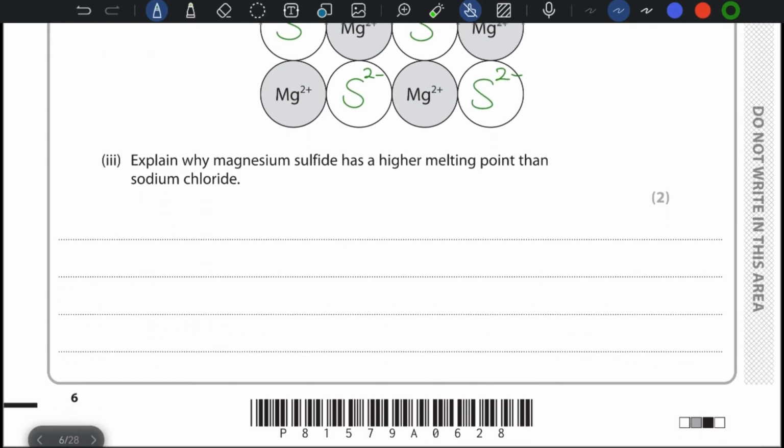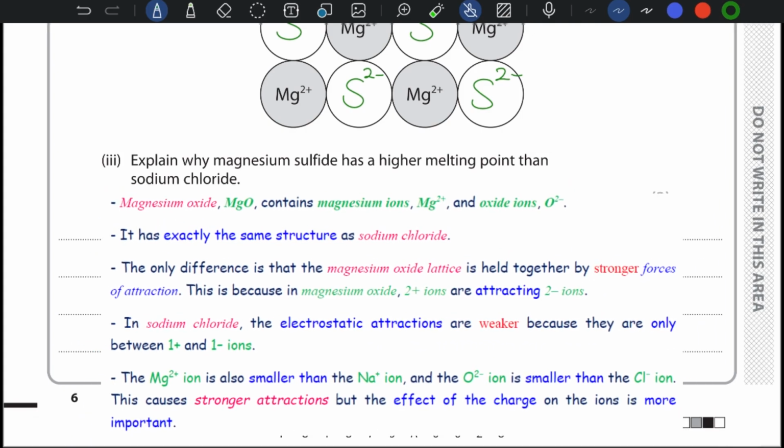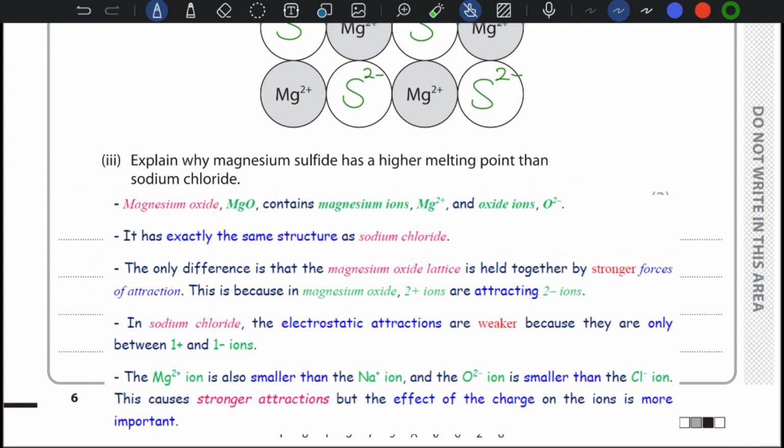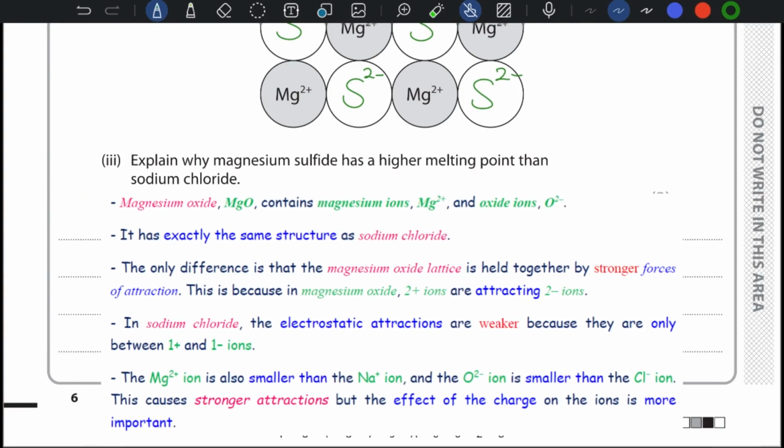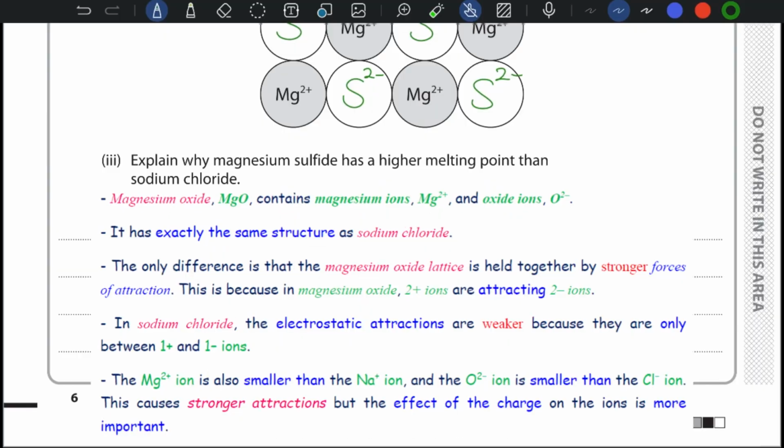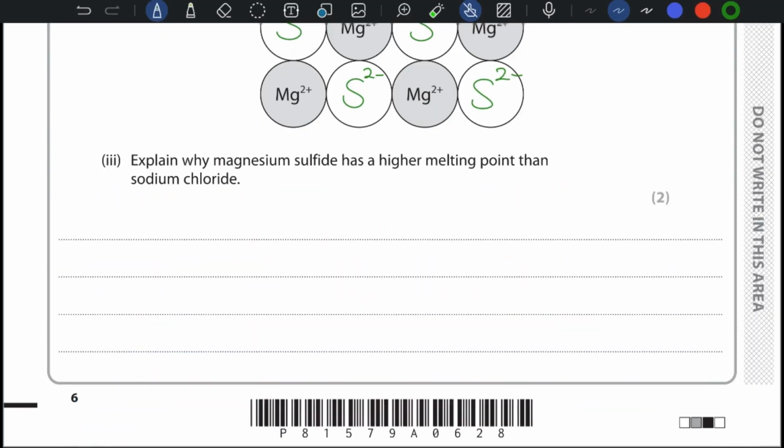Next question, explain why magnesium sulfide has a higher melting point than sodium chloride. This question is related to higher level, but if you understand the concept, you will find the answer. Ions in magnesium sulfide have greater charge, positive 2 and negative 2, while in sodium chloride, positive 1 and negative 1. So attraction between ions will be stronger.